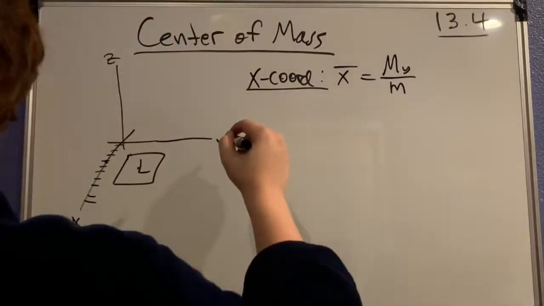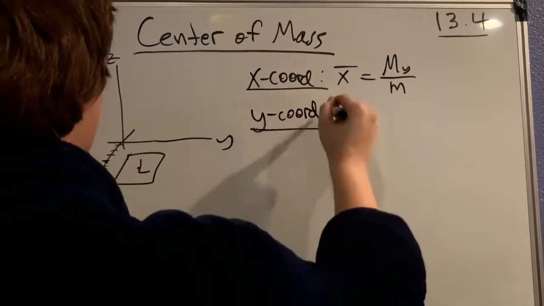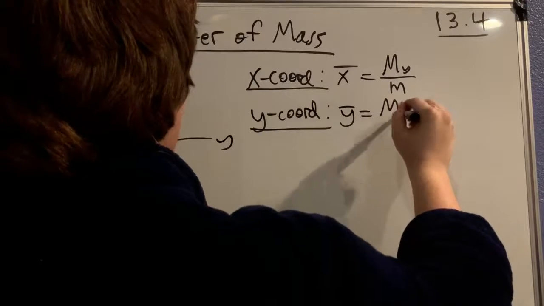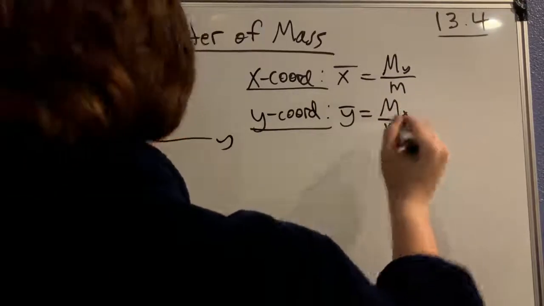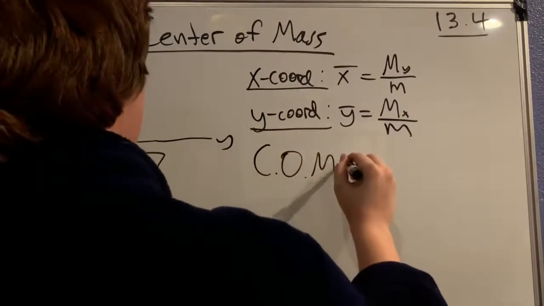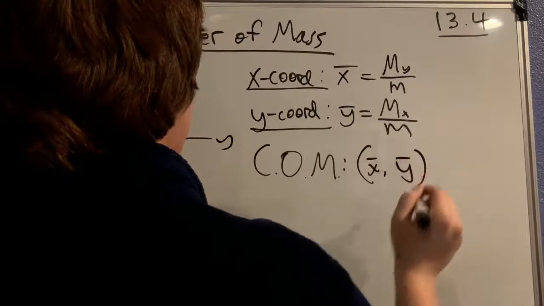And the same thing goes for the y-coordinate. It's called y bar, and that's the moment of mass with respect to the x-axis over the total mass. Now the center of mass is x bar, y bar.